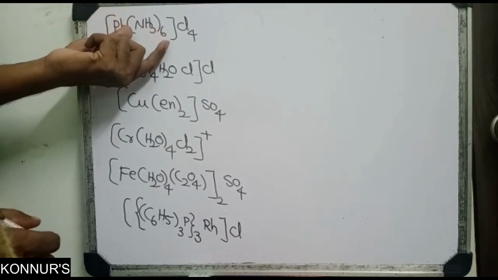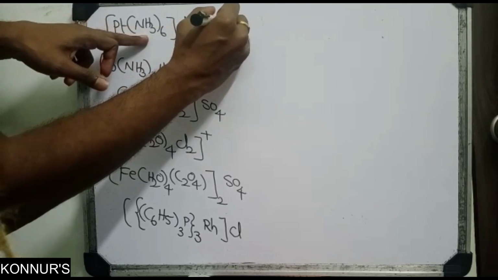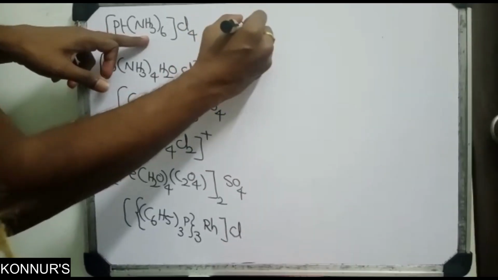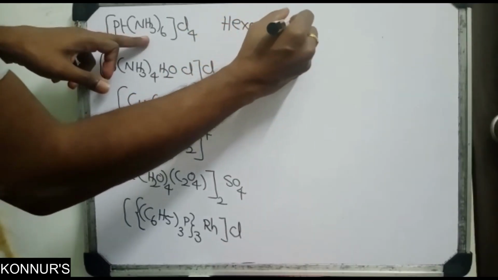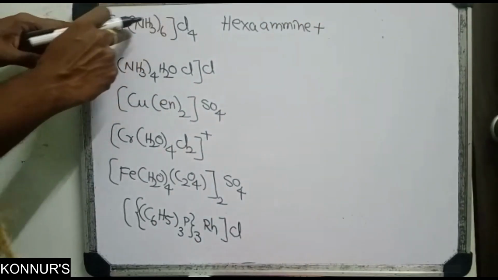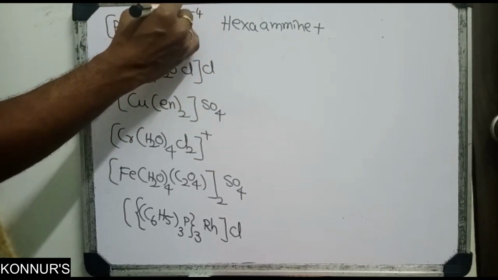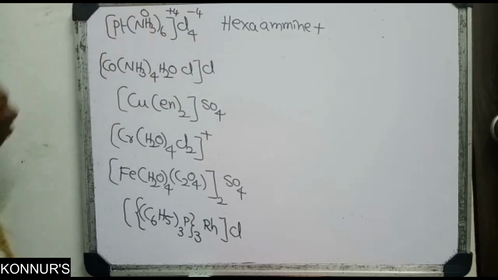See here. So the complex sphere is positive. First complex sphere, next that one. So here hexaammine. So hexaammine, positive only. So here 4 negatives. 4 negatives means here 4 positives. Ammonia 0.